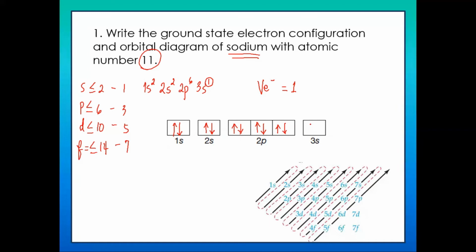Only 1, so that is only an upward arrow. So that is the orbital diagram of your sodium, and this is the electron configuration, and the valence electron is 1. So hope you follow that. And again, we follow the governing rules for electron configuration and orbital diagram.